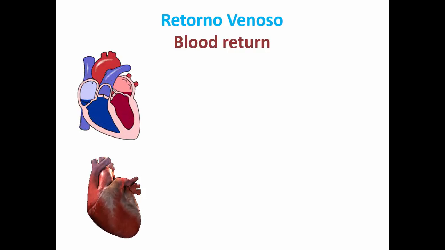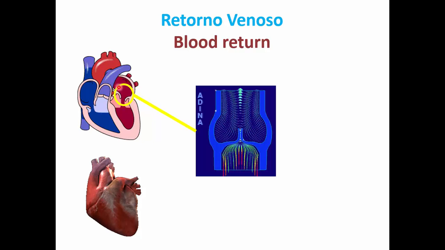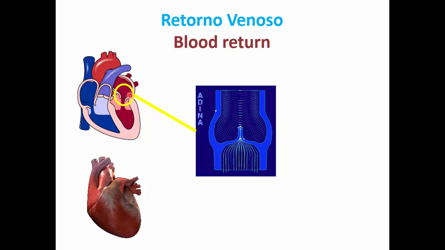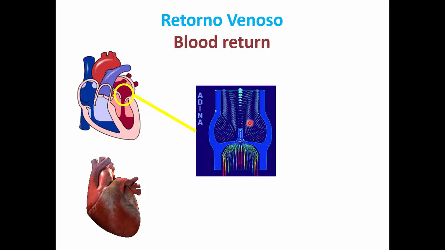Well, first of all, we have to understand a concept called a valve. In your heart, you have various valves. Actually, here we can see four, and we're going to name them in a minute. As you can see in this diagram, blood goes through in one direction through the valve, but doesn't go back.